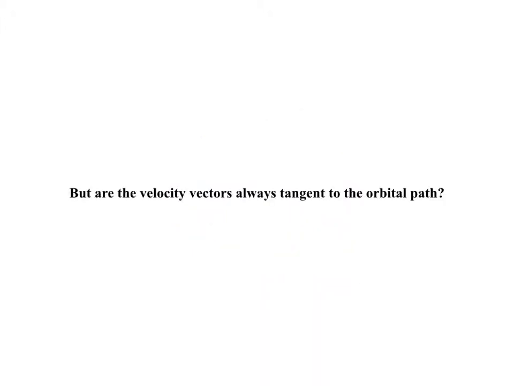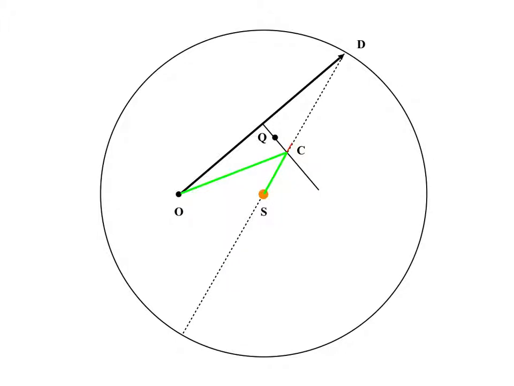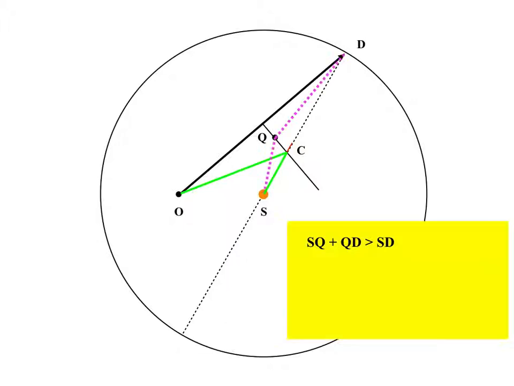But are the velocity vectors always tangent to the orbital path? This is the final test to see if our analysis is correct. Let's go back to this diagram and add a point Q along the perpendicular bisector somewhere other than C. And note that SQ plus QD has to be greater than SD because SD is a straight line and the shortest distance between 2 points is a straight line.